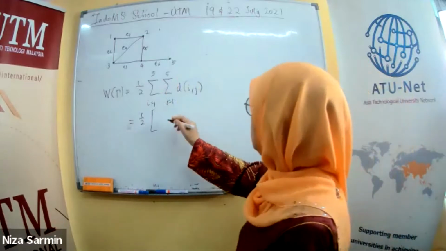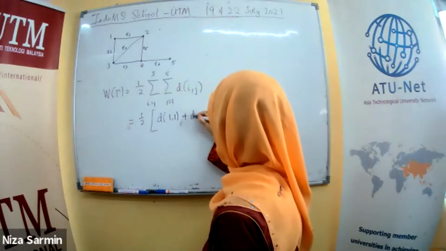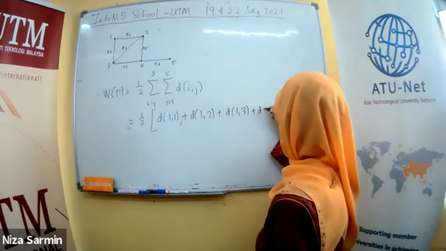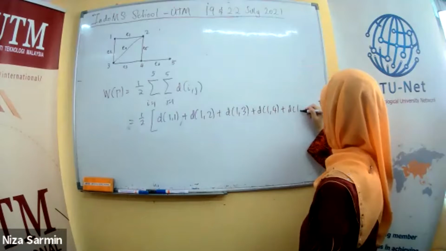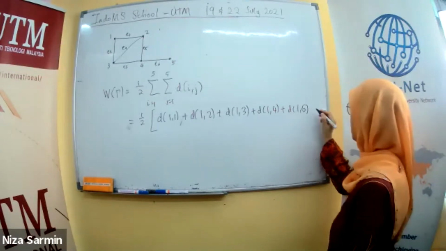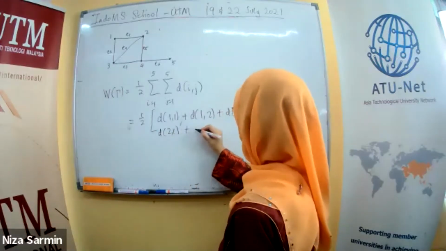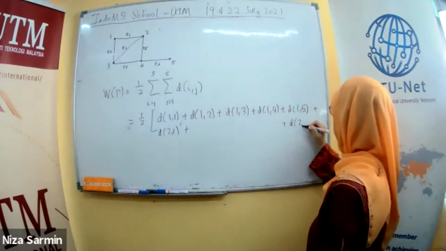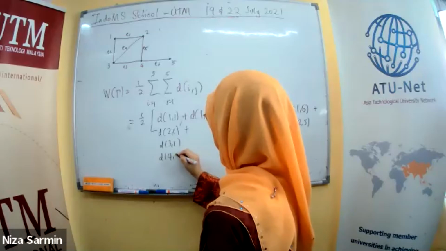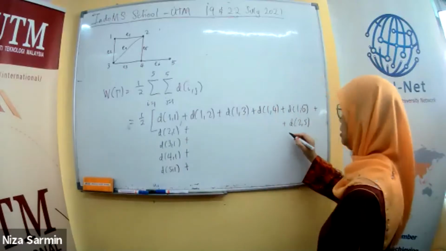So the first one will be d11. This is the first one, right? And then you have i equals 2. Then you add this until, then you have 3,1, then 4,1, then 5,1, until the end.